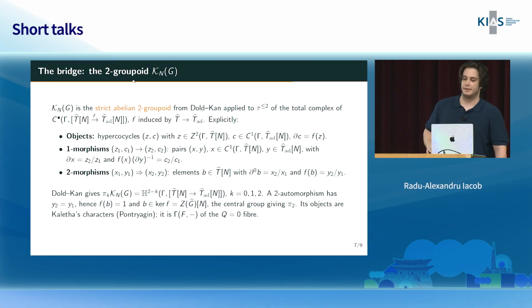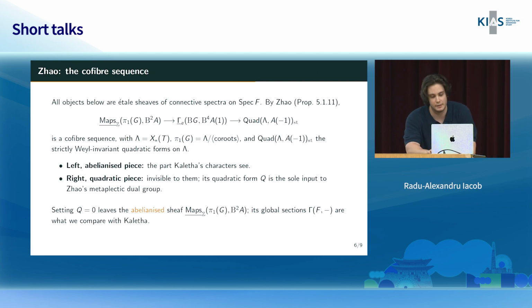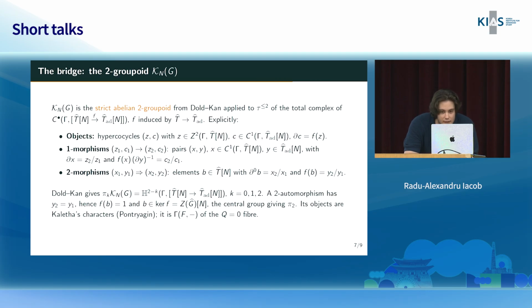To make sure it's the same object and the right object we need for this comparison, we also need to show that this is the right object on Tasha's side. So there's an explicit cocycle definition there on the slide, but maybe let's not insist on why that's the right thing. You can see this is the right thing because it gives you exactly the global sections over Spec F of this maps guy. And how do you do this?